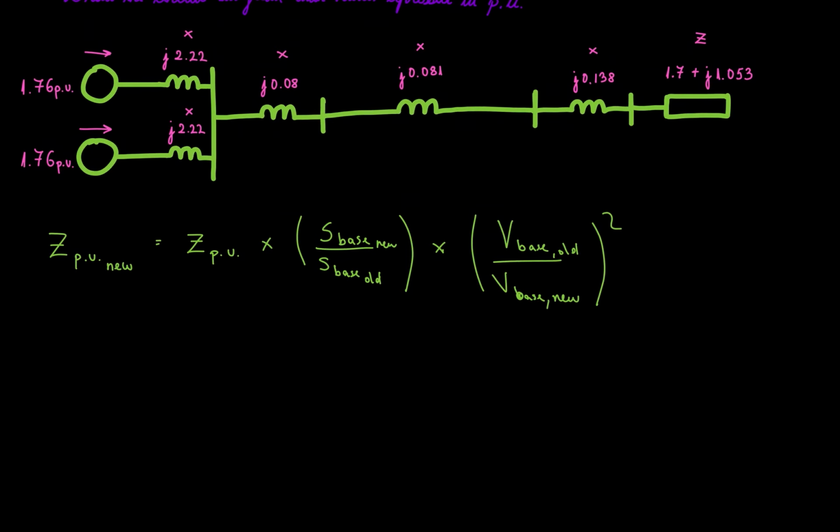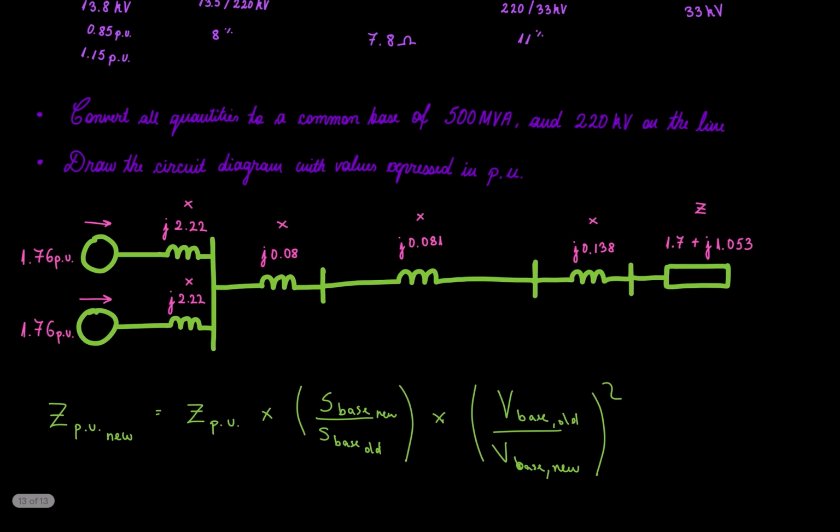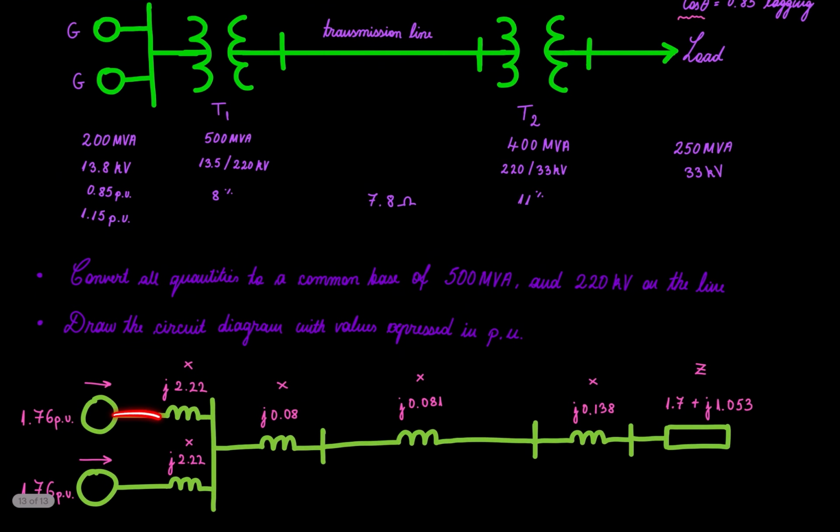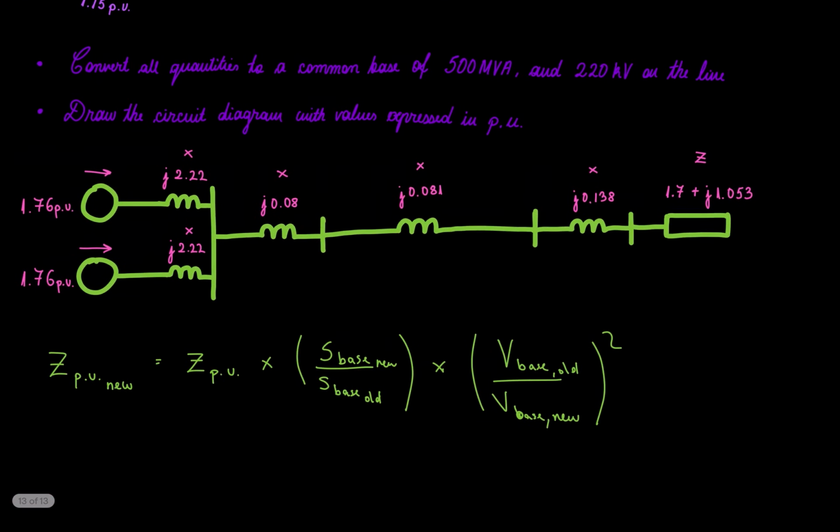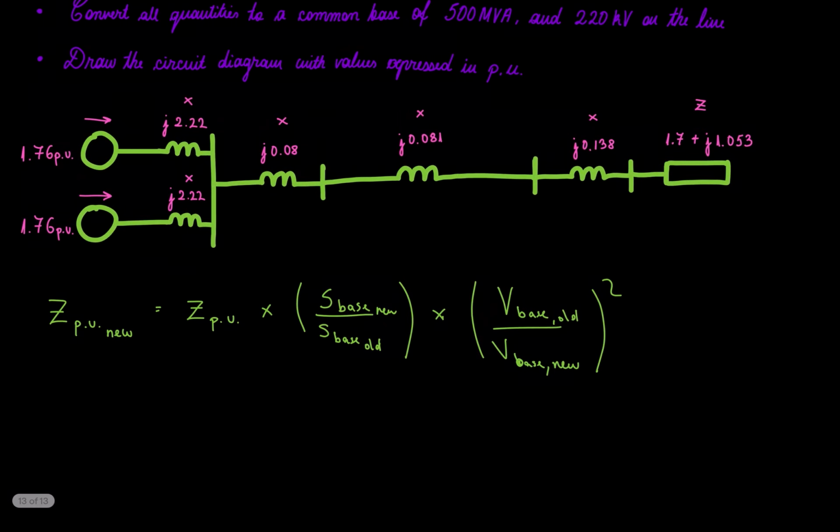For the generator, we only have a reactance to find, not the whole impedance. But we know that impedance is resistance plus reactance, which is the imaginary part. So basically, Z is R plus jX.